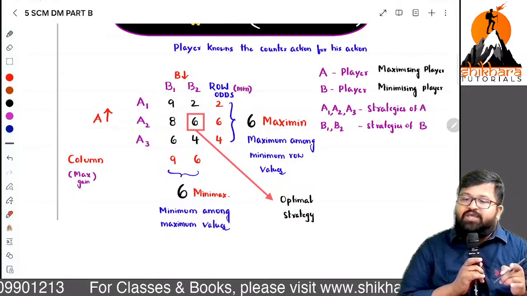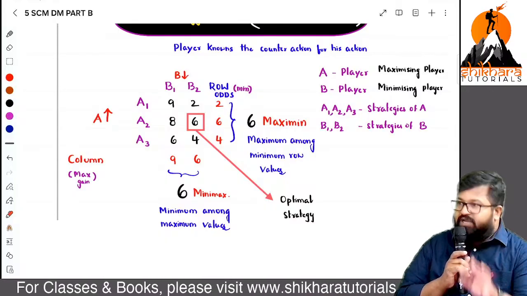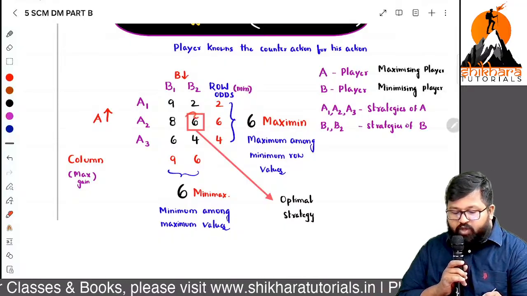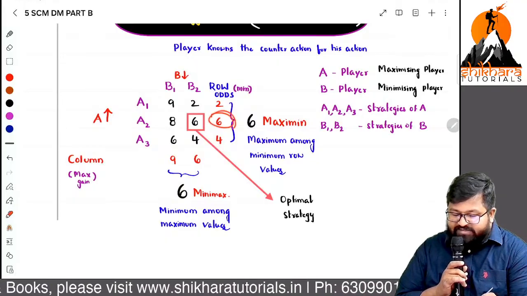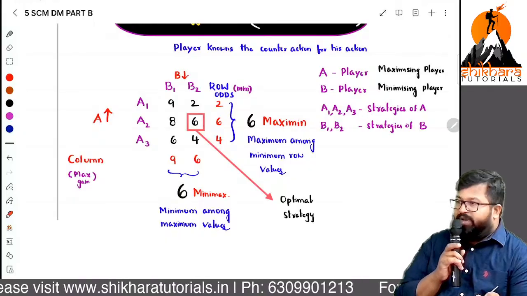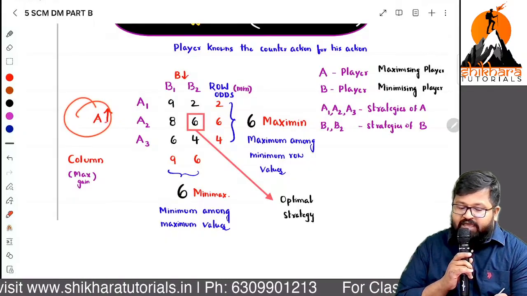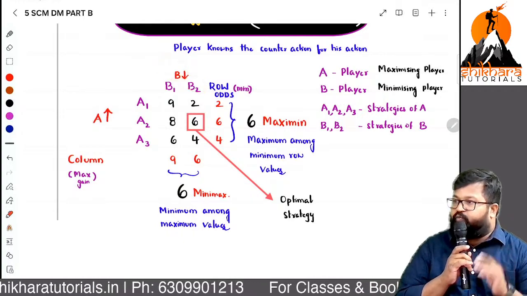If maximin and minimax are both equal, we are done with the answer, and that is the saddle point. Here we got the value 6. The address of this element is A2, B2. So automatically for player A, the strategy is A2, and for player B, the strategy is B2.